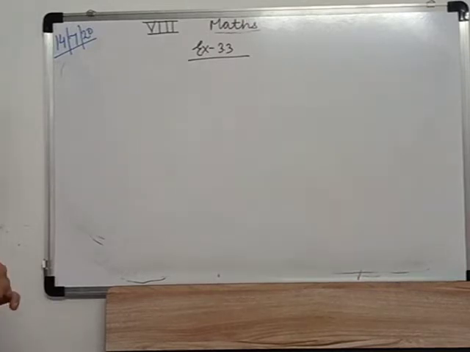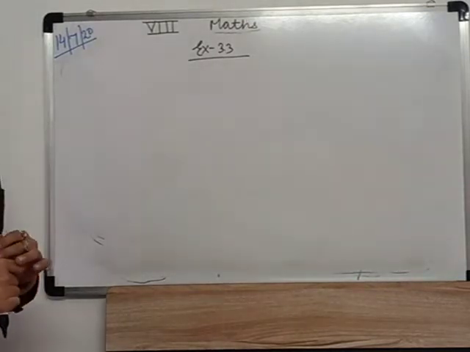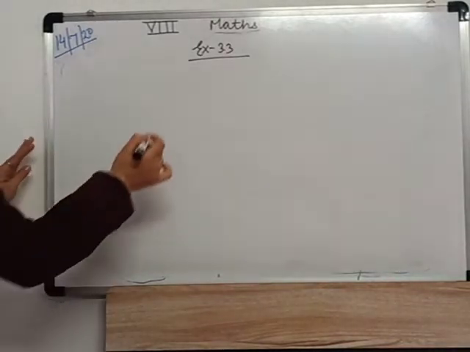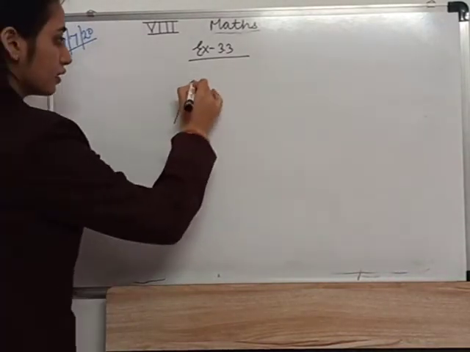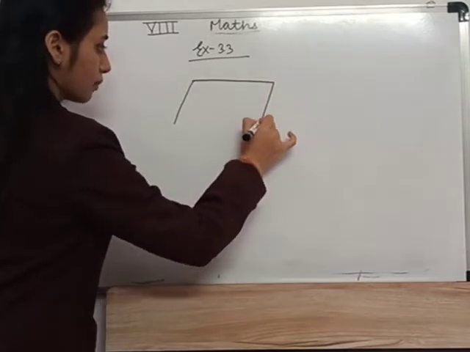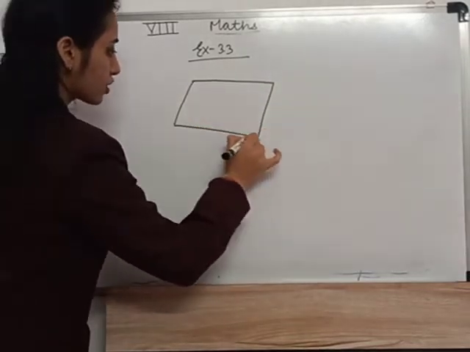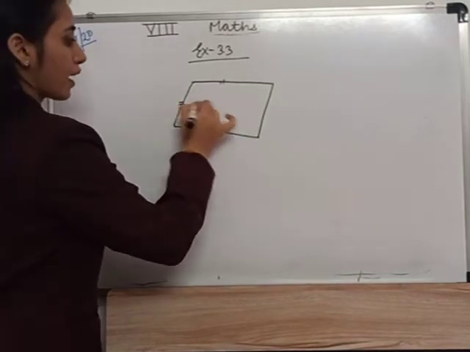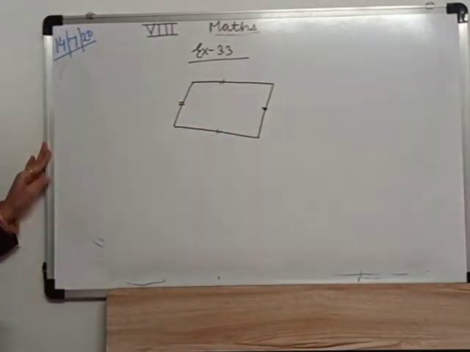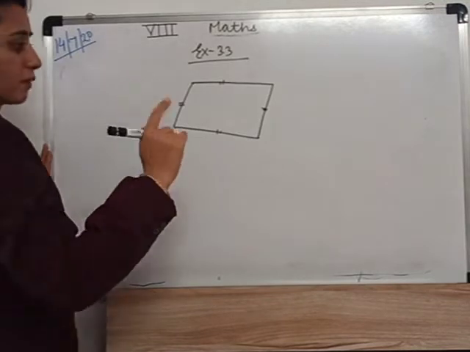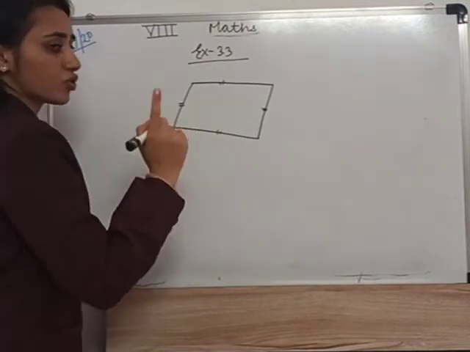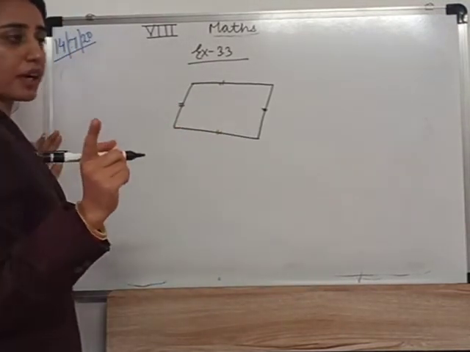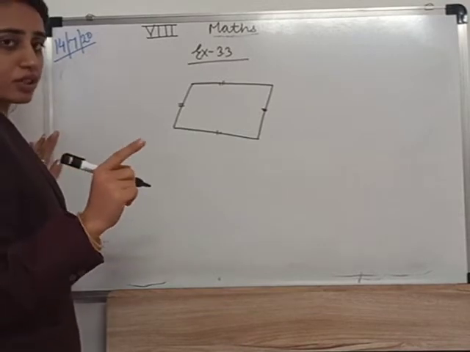You have learned about the properties of a parallelogram. In a parallelogram, opposite sides are equal and parallel. That is the first property.